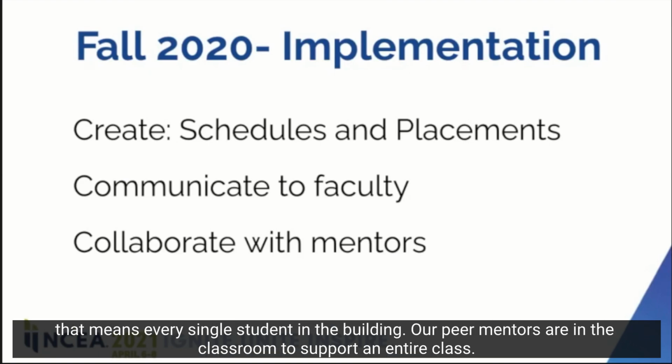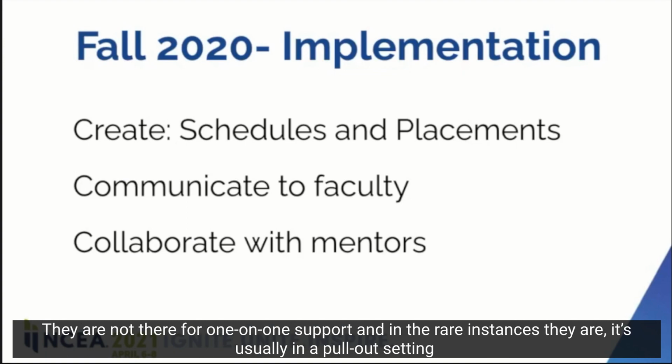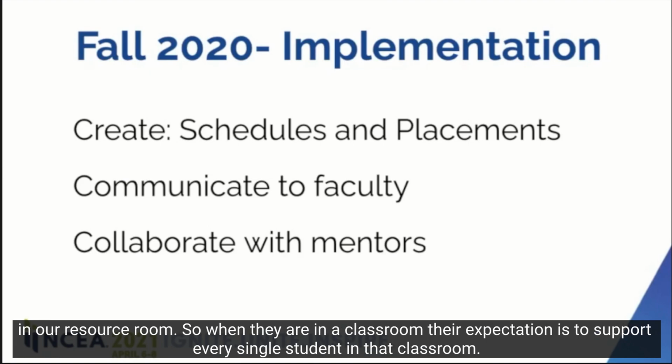But I also have peers that mean every single student in the building. Our peer mentors are in the classroom to support an entire class. They are not there for one-on-one support. In the rare instances they are, it's usually in a pull-out setting in our resource room. When they are in a classroom, their expectation is to support every single student in that classroom.